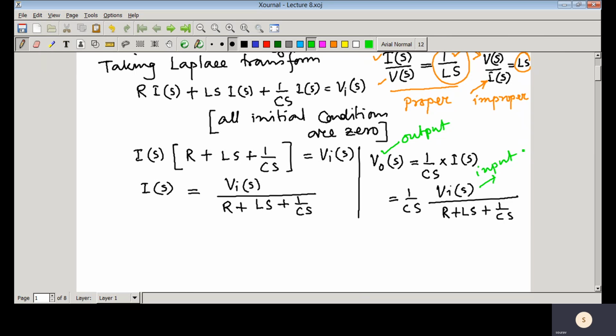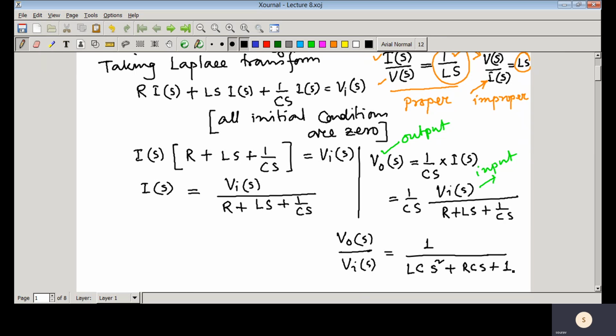In input output form, Vo(s) output by input, if you simplify it, the Cs will be cancelled out, so that is 1 by LCs squared plus RCs plus 1.